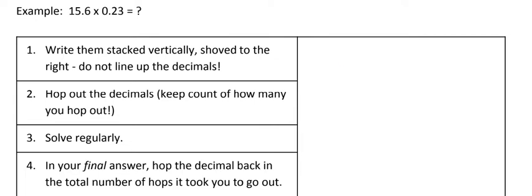Our first number is 15.6. Our second number is 0.23. We want the 3 to be as far to the right as possible, so that means it goes underneath the 6. Next is our 2, then our decimal, and our 0.